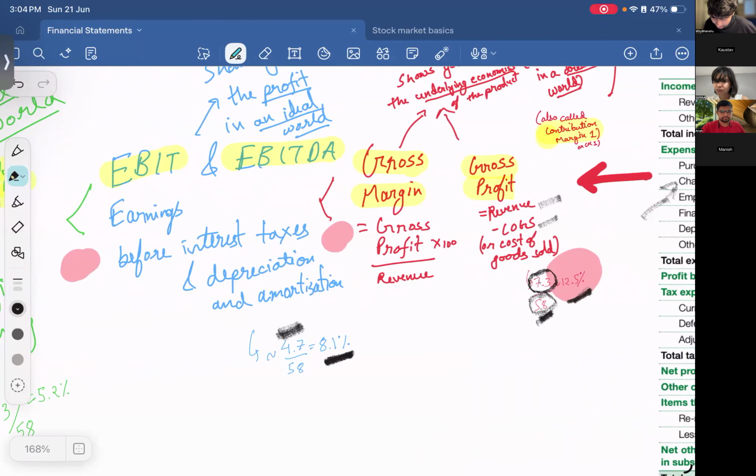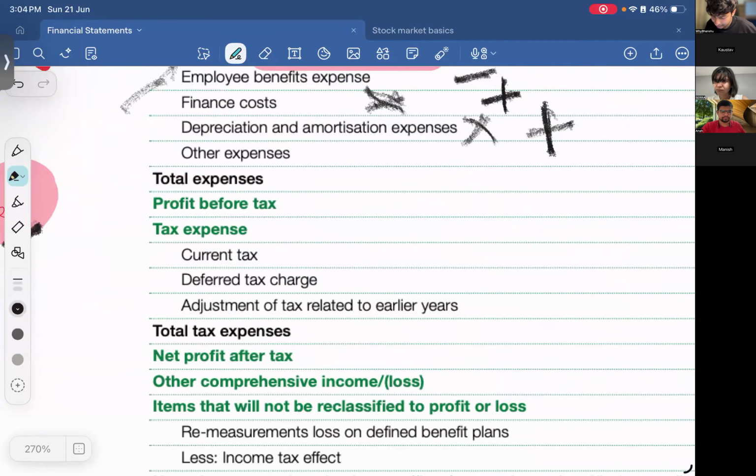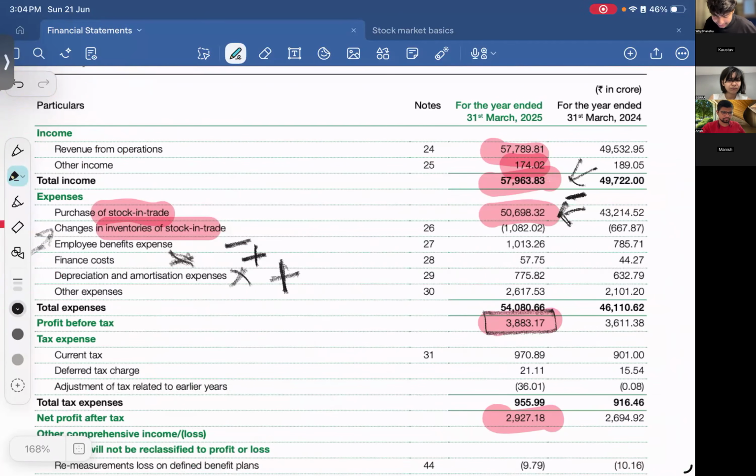Second thing is EBITDA. EBITDA is also very simple. For EBITDA, again, you go back to your P&L and look at what other expenses I am incurring. Here, they have subtracted the employee benefit cost. Employee benefit is basically the salary you pay to employees. Finance cost is basically the interest you pay to the bank.